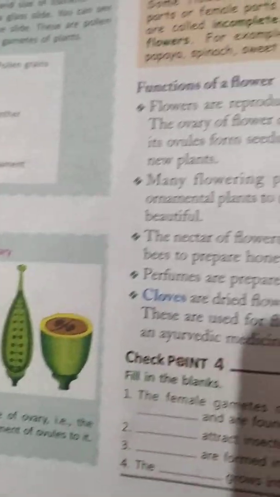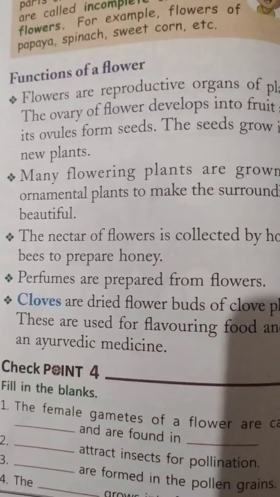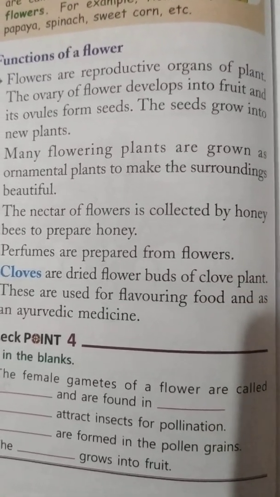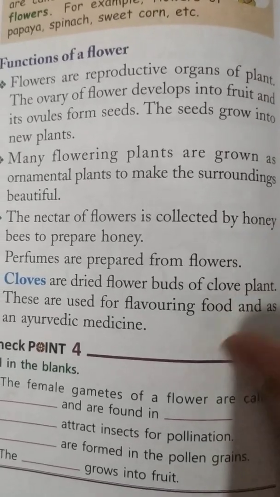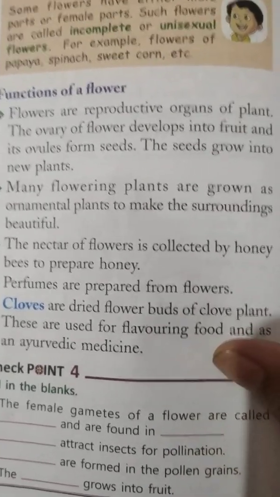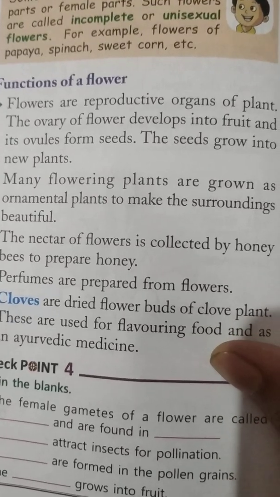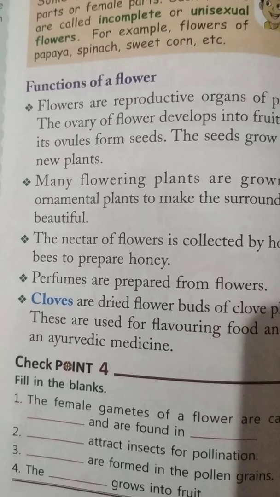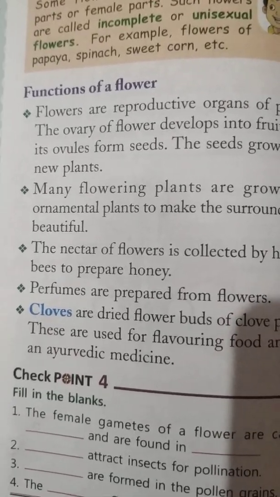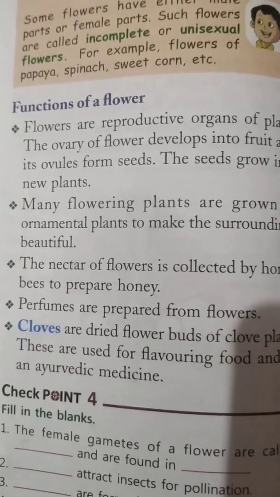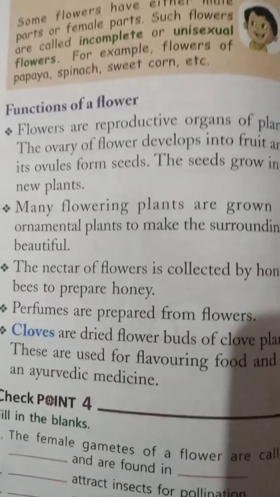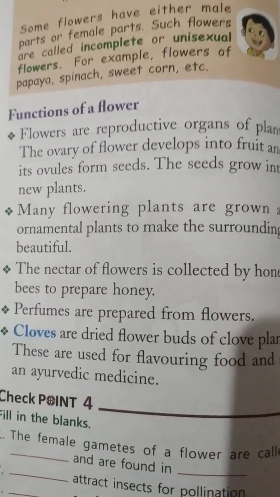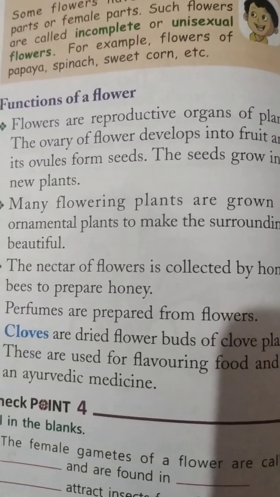Next, we are going to discuss the functions of a flower. Flowers are reproductive organs, as we discussed at the start of this topic, and the ovary of the flower develops into fruit. When the ovules get fertilized, the ovary develops into a fruit, and the fertilized ovules are converted into seeds.